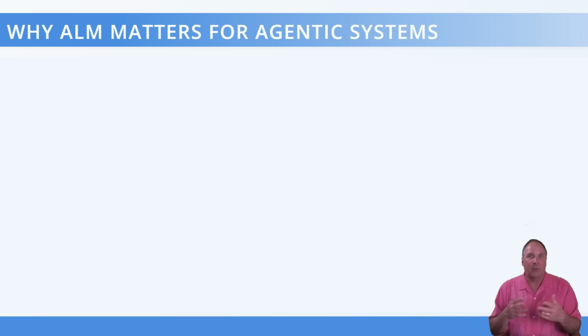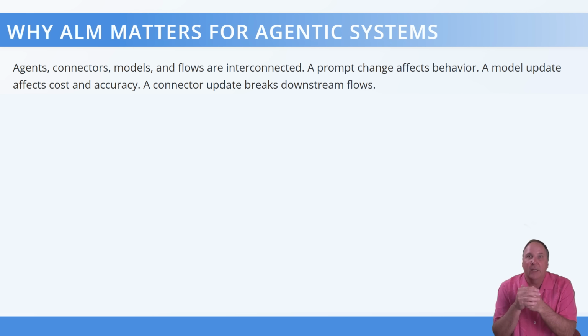Let's start with a real-world scenario, the accidental agent update. So picture this. You have an agent running in production that's handling customer support. It's been working for 6 months. It answers 8,000 questions a day, and your success rate is 92%. On Tuesday, someone, maybe you, makes a quick change to the agent topic in Copilot Studio.